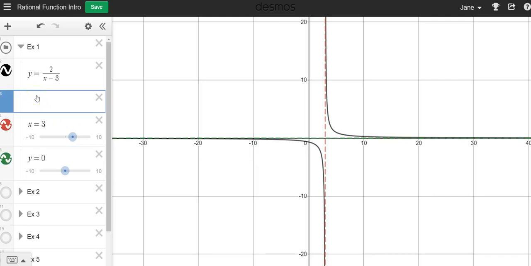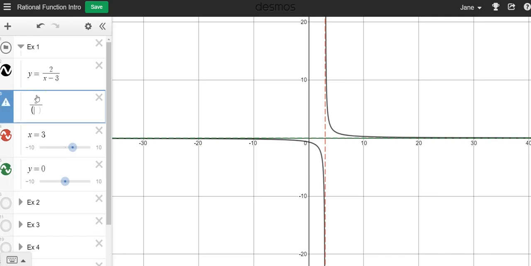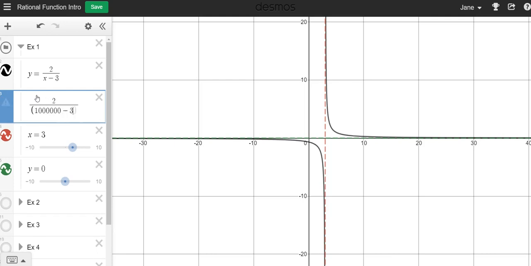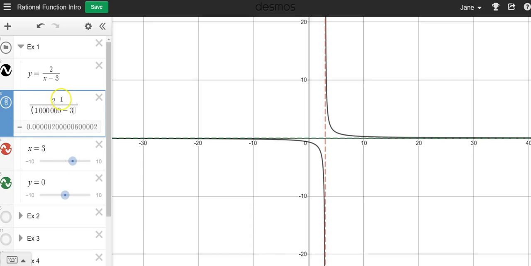Let's put in 2 for our numerator, and let's divide that by the quantity 1 million minus 3. So when we divide 2 by 1 million minus 3, notice we basically have 0 here. And the bigger that we make x, the smaller that this number becomes. So we see that in the long run, this number is getting closer and closer to 0.